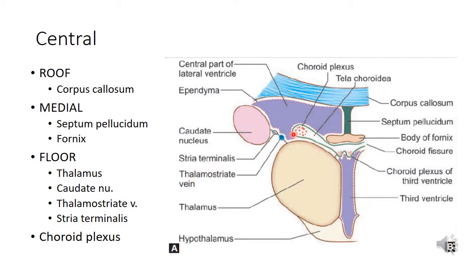Just above the floor, you can see the fold of ependyma and the choroid plexus which is present in it, so the tela choroidea. So this choroid plexus helps in the formation of the cerebrospinal fluid.